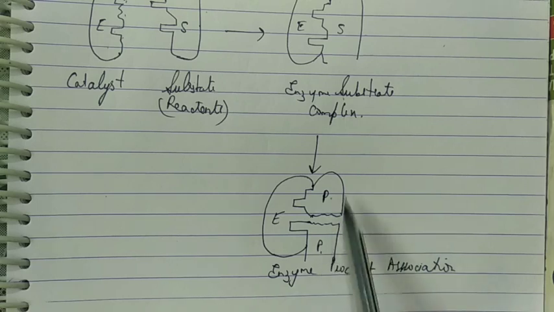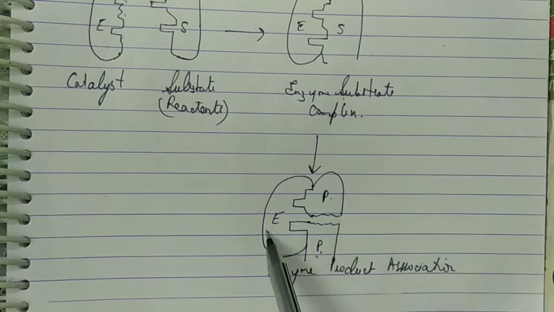Since the product which is formed here does not have any affinity for the enzyme surface, the product starts leaving the surface of the enzyme and detaches from the enzyme molecule.